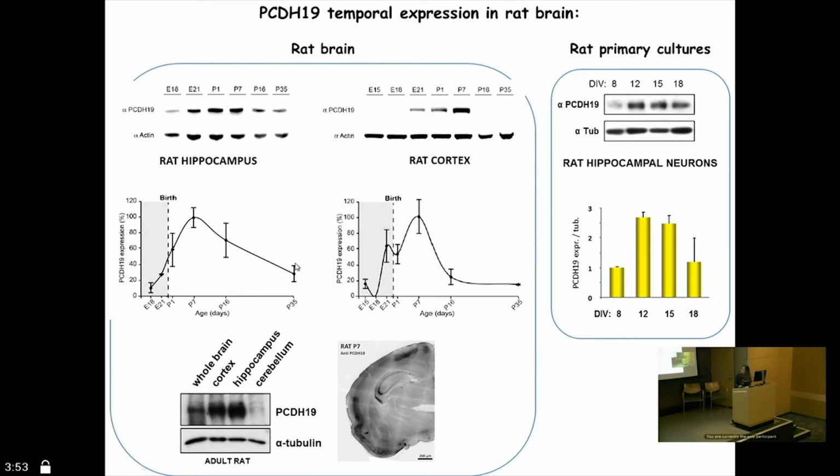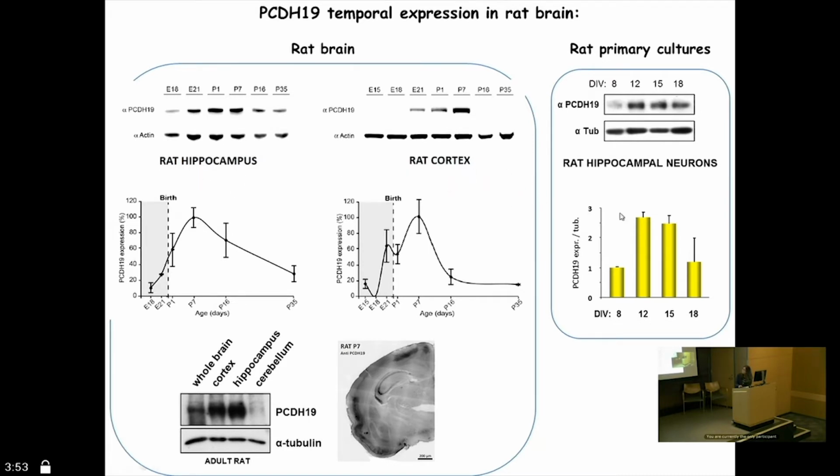If you look at the temporal expression in rat brain of protocadherin 19, you can see that the maximum expression of the protein was observed during the early stage of development. This was observed in rat hippocampus and also in cortex.